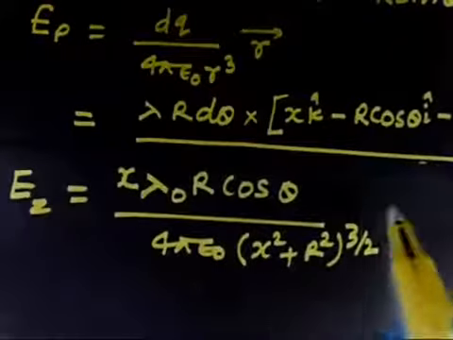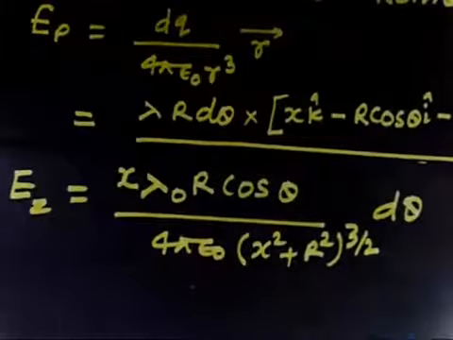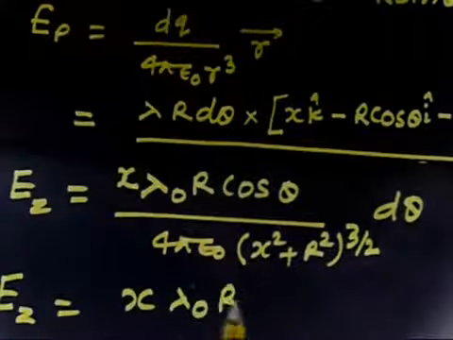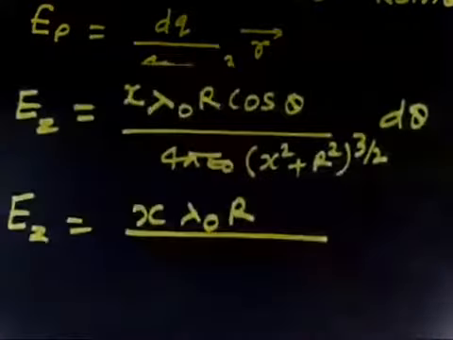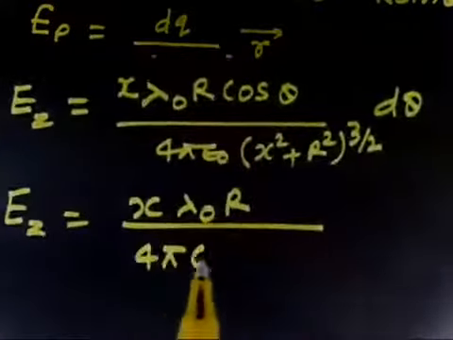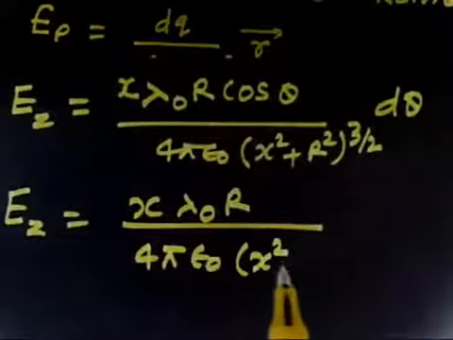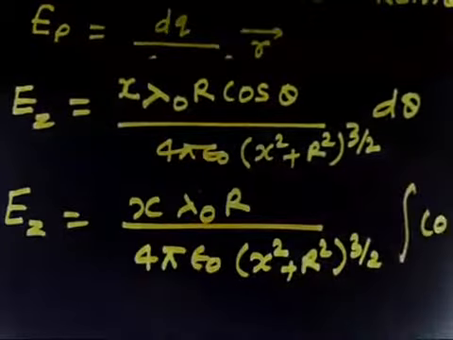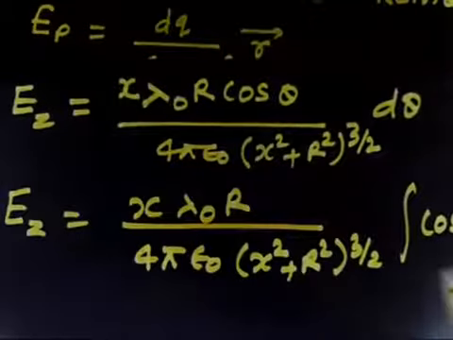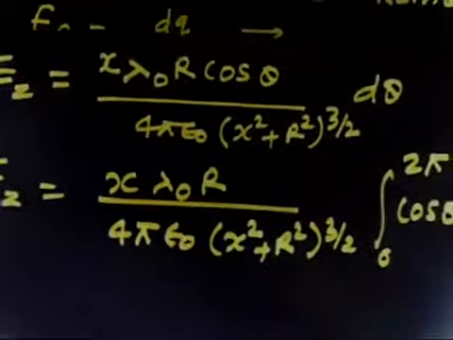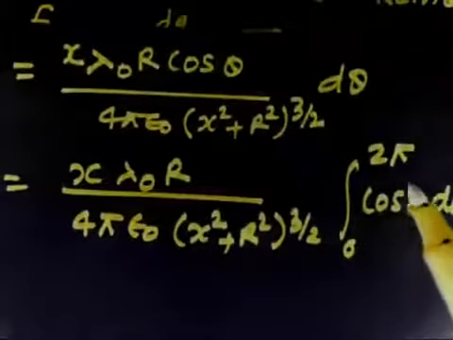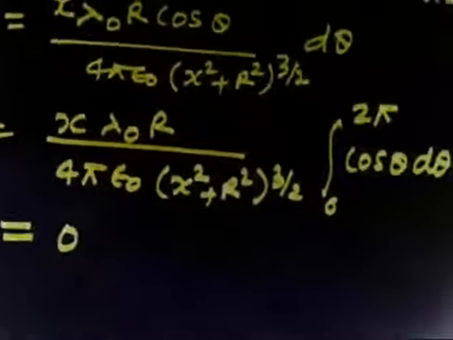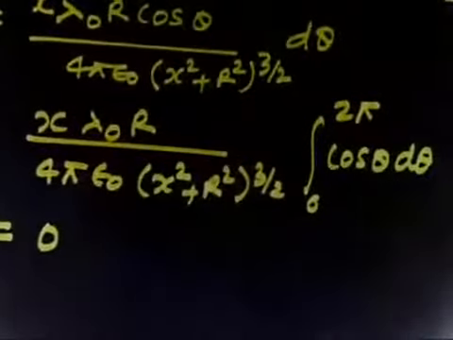This is Ez, and I have to integrate; x lambda naught r are all constant. Cos theta d theta from 0 to 2 pi, and the integration of cos theta is sin theta. Sin theta is 0 at 2 pi as well as at 0, so Ez will come out to be 0. Are you getting? So if you do this integration, it will come out to be 0.